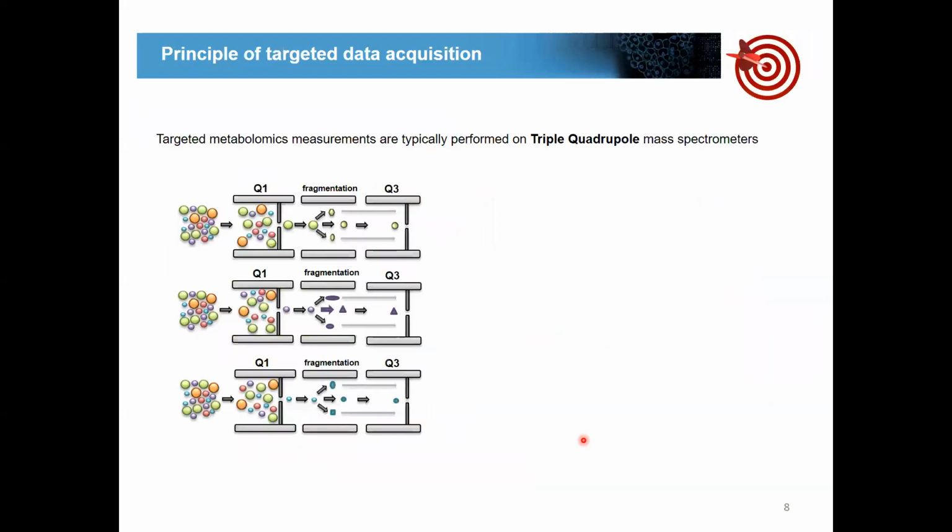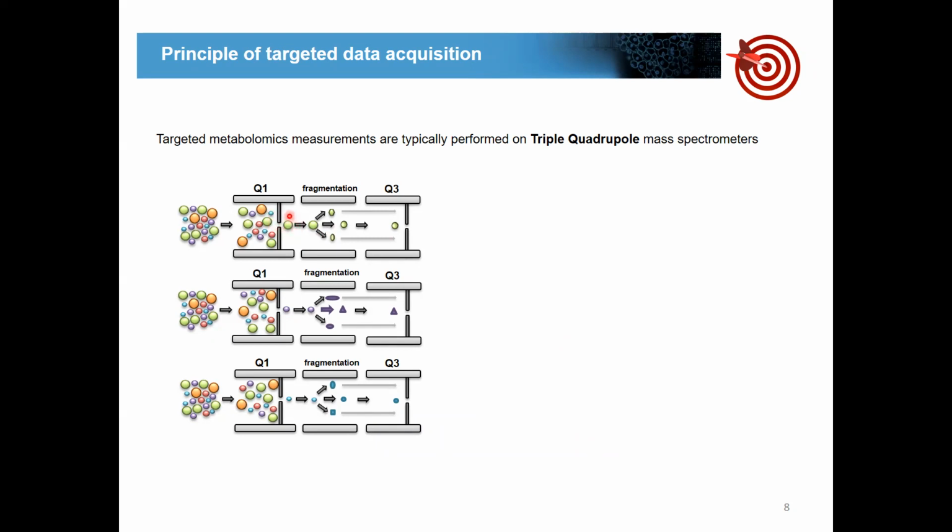So before I jump over to the second part, I want to quickly talk about the data acquisition of the targeted metabolomics approach. Here, the analysis is commonly performed on a triple quadrupole mass spectrometer. So from the compounds, we know the standard metabolites we want to quantify, the typical precursor ion, the m/z value.